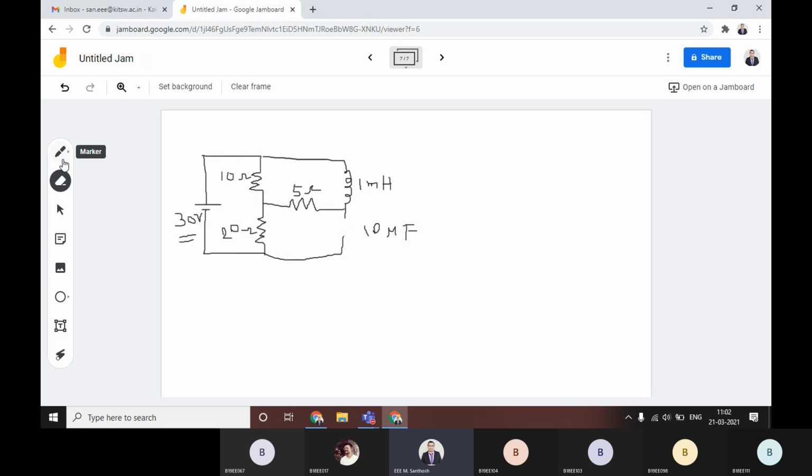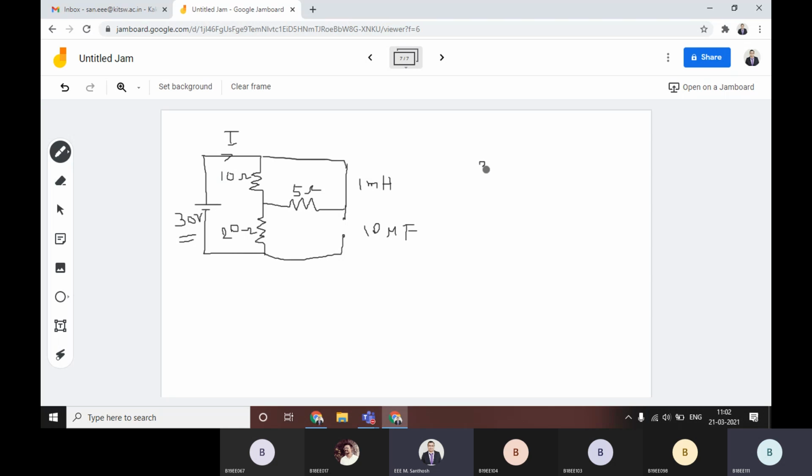For solving the same problem, whenever the inductor is connected to DC, it must be acting like a short circuit. Then your circuit must be like this. Okay, thank you, very good. Because of this 30 volts there is a current flow, suppose I. How to find this I? 30 by equivalent resistance.